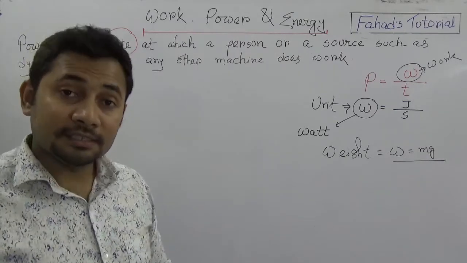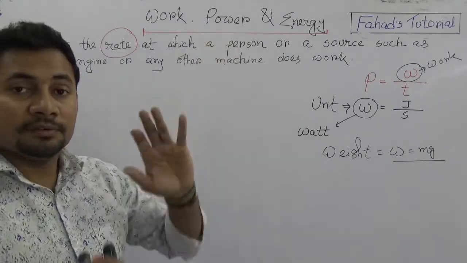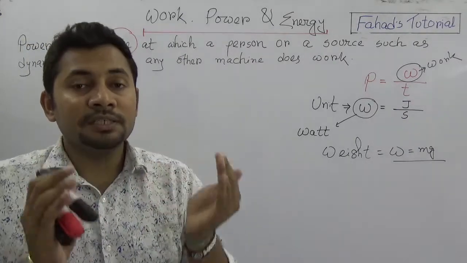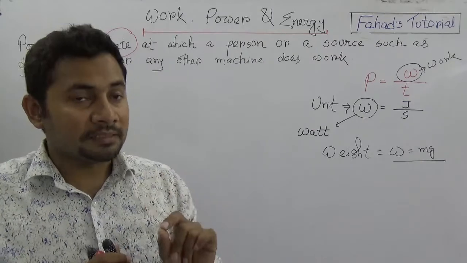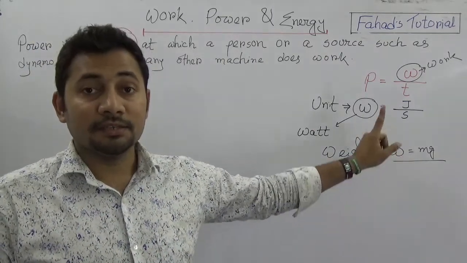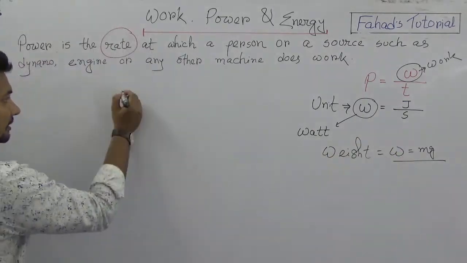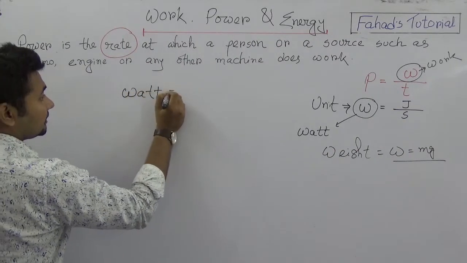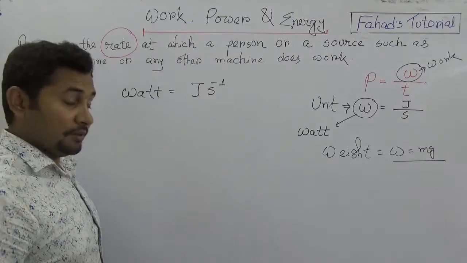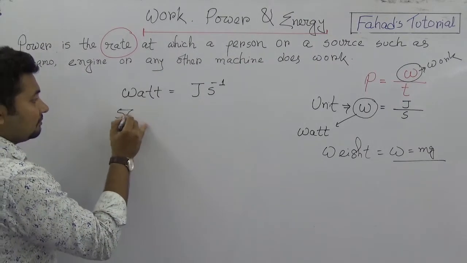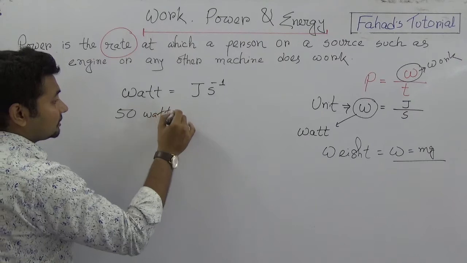In this video, as we already talked about power, we know that the unit of power is watt. And this watt means joule per second. So we can say that watt is actually joule per second. So what is the meaning of 50 watt?